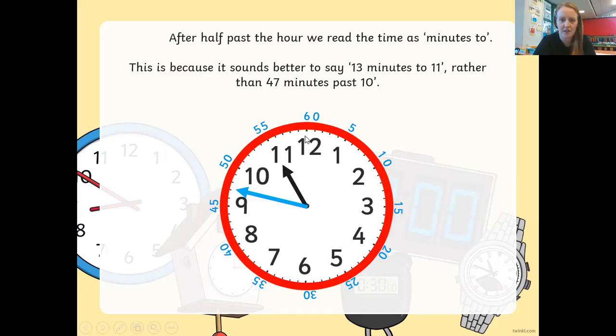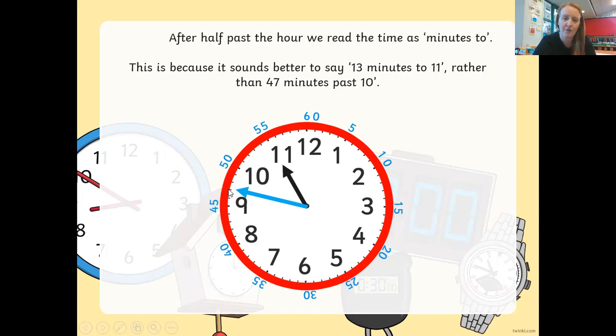Now, when we split our clock in half, straight down the middle, like a piece of cake, the right-hand side of the clock we call past the hour. And on the left-hand side, we call this to the hour. So this time, rather than saying 47 minutes past 10, we look at how many minutes it's going to take us to get to 11, the next hour.